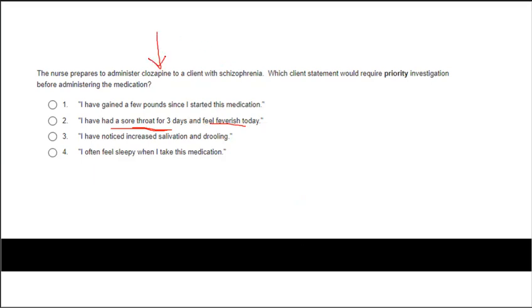Remember, clozapine is an atypical antipsychotic, and it could cause agranulocytosis, which increases the risk of life-threatening infection. So again, we want to monitor for signs of infection in our clients, like fever, flu-like symptoms. If my client is already having a sore throat and feeling feverish, I don't want to give that medication.